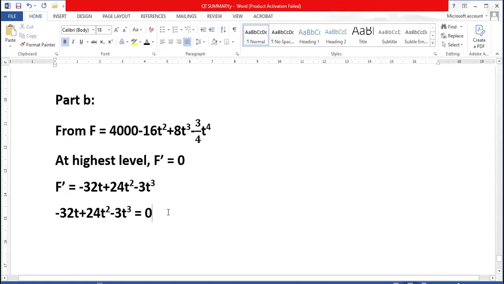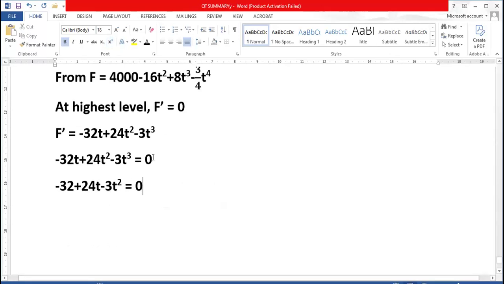You'll be left with negative 32 plus 24t minus 3t squared, and because we are dividing everything, it will be equal to 0.